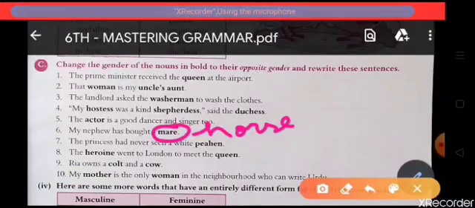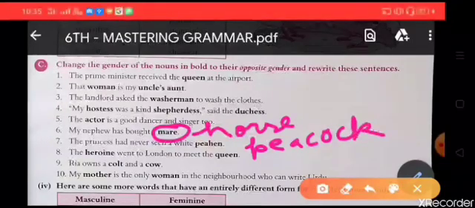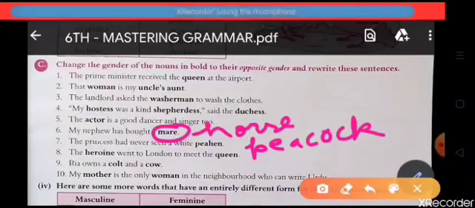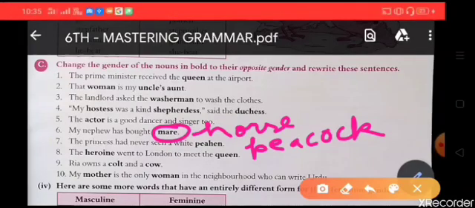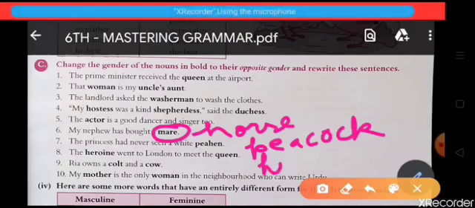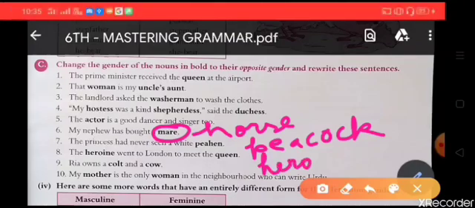The princess had never seen a white peahen. So we have to write peacock. The princess had never seen a white peacock. The heroine went to London to meet the queen. The hero went to London to meet the king.